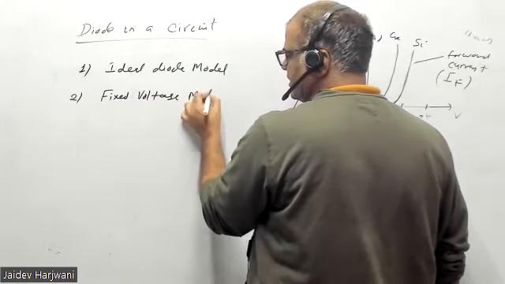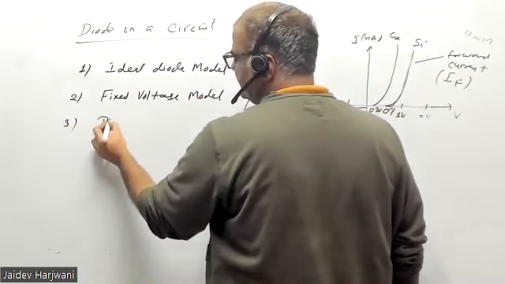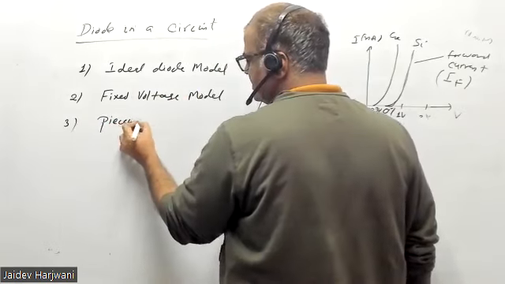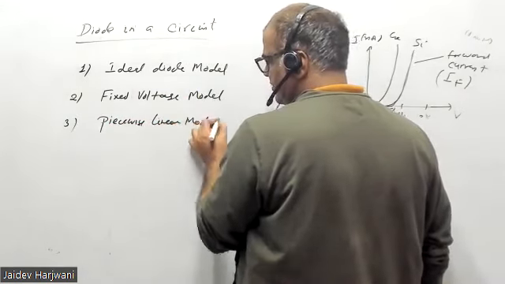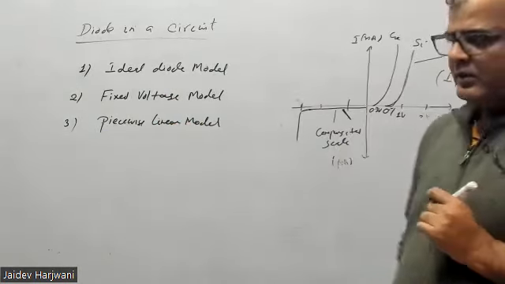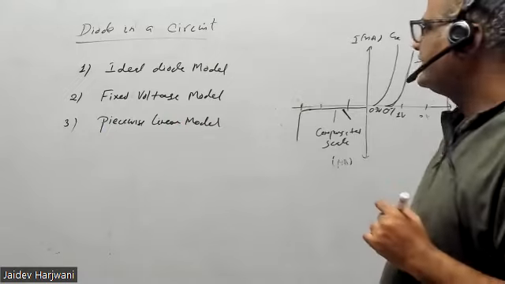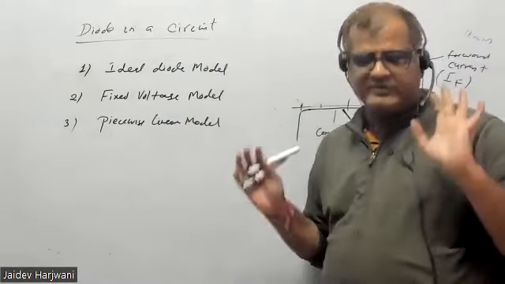And the third is called the piecewise linear model. So this model says the resistance of the diode is 0.